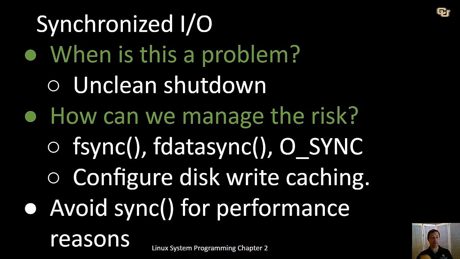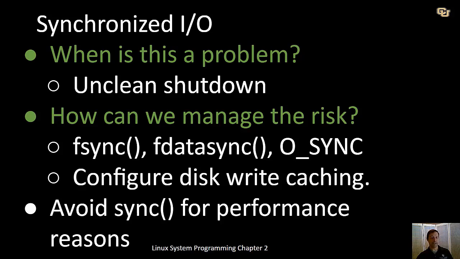But then let's say we lose power, and we lost power before the kernel had a chance to write the content in its buffers out to disk. Well, in that case, there'd be a mismatch between whoever was notified about the state of the file on the local file system and the actual state that's going to be on the disk the next time you boot up.